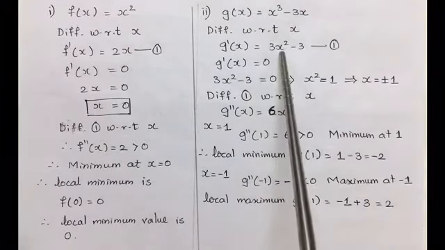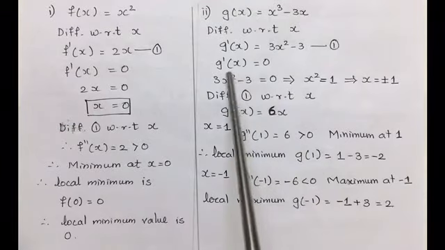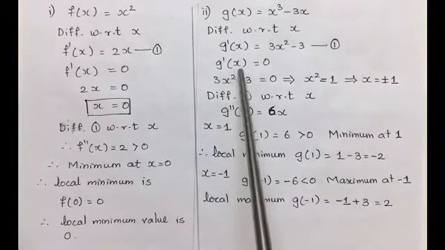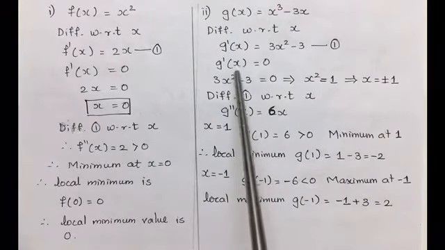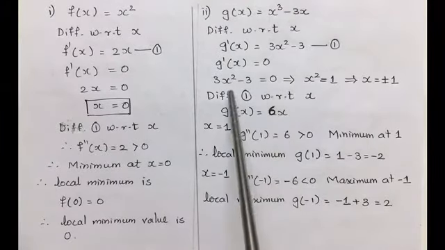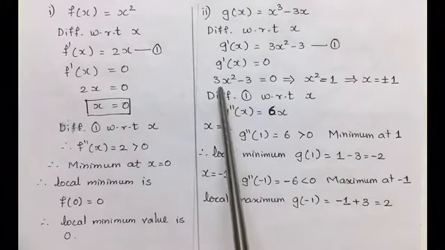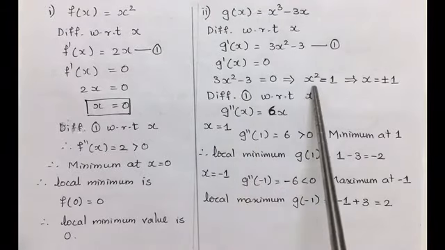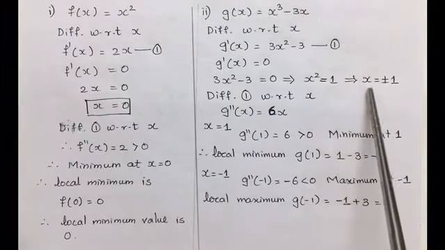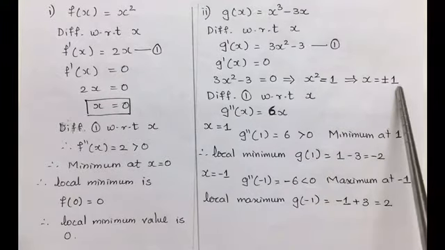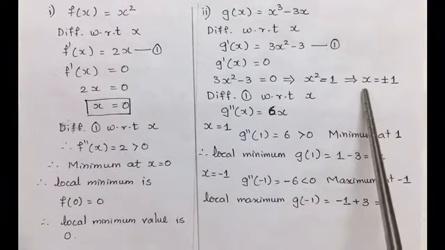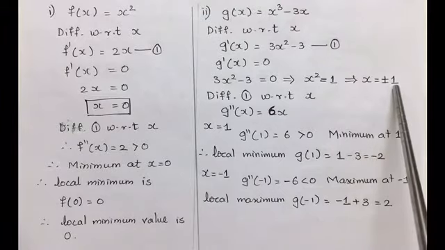Now to calculate the value of x, we take the first derivative and equate it to 0. So we get 3x square minus 3 equal to 0, and after simplifying, x square is equal to 1, and removing the square, the other side becomes plus or minus 1. So the value of x is plus or minus 1.